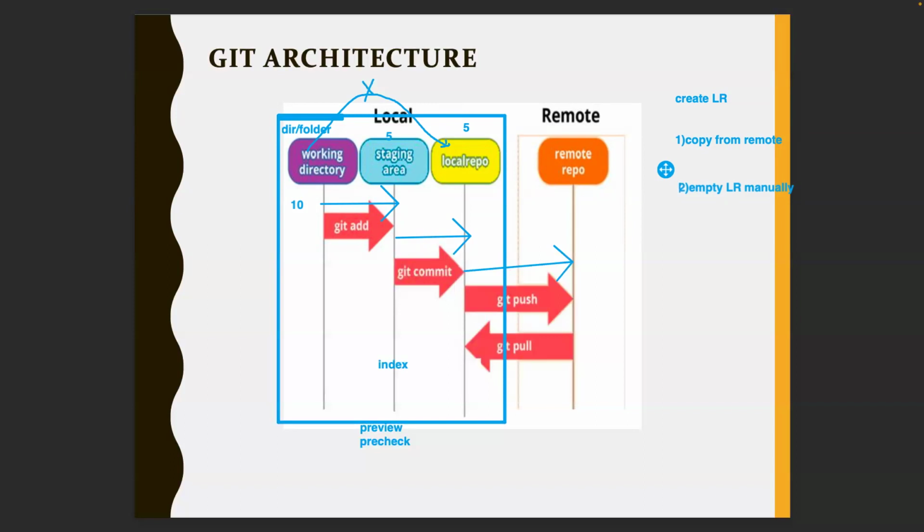So these are the 2 ways you create a local repository. One is you get a copy from remote. The other is, when remote is not there in a new project, you create an empty local repository, develop the files here, and then move to remote.